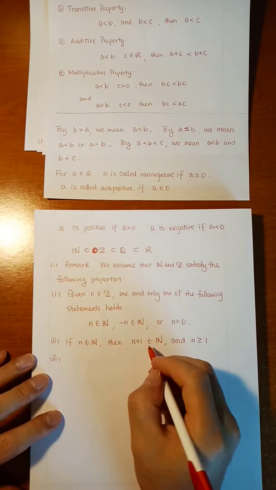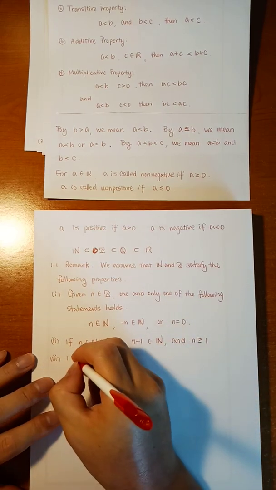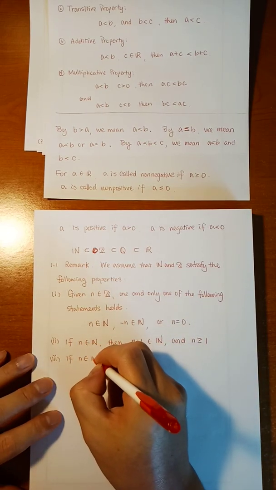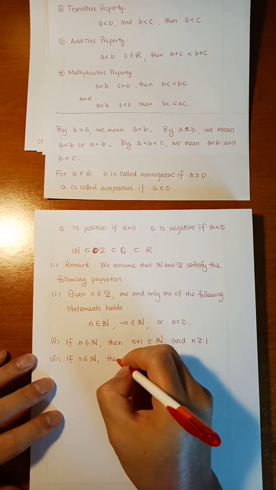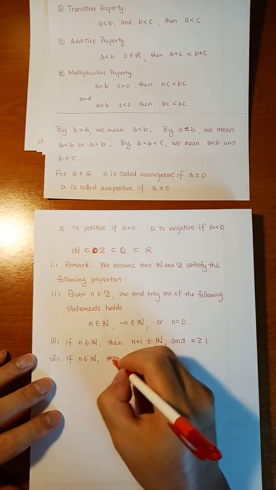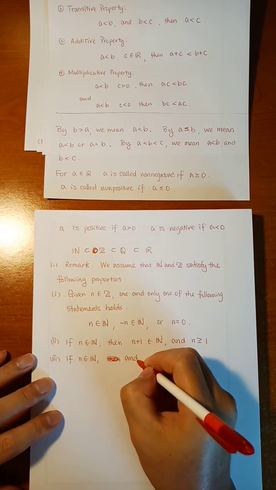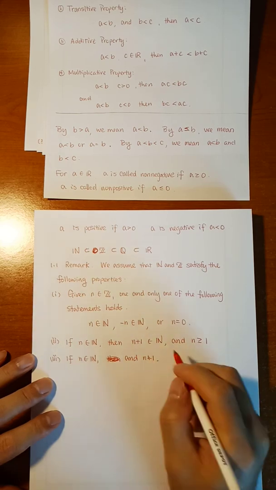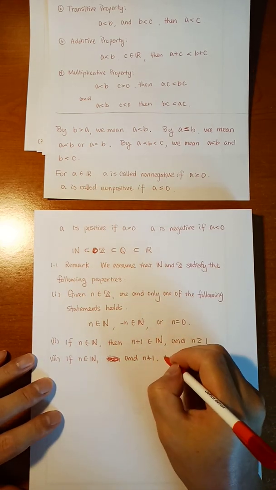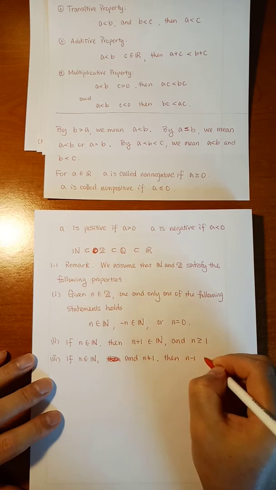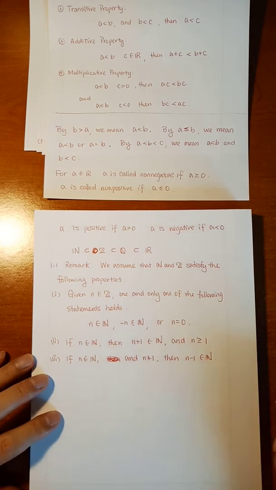So we can do addition always. And if n belongs to the natural numbers and n is not equal to 1, n is not the initial one, then n minus 1 also belongs to the natural numbers.